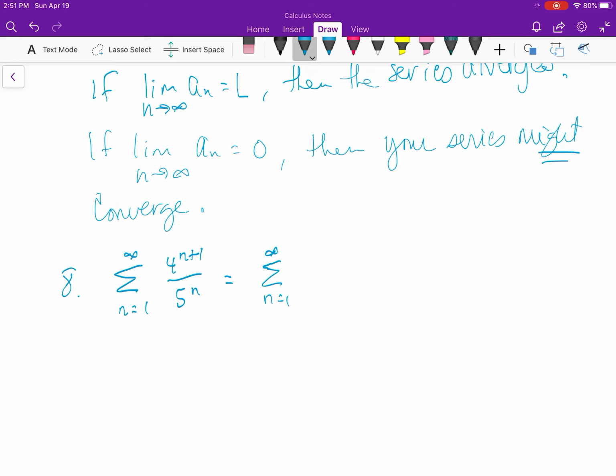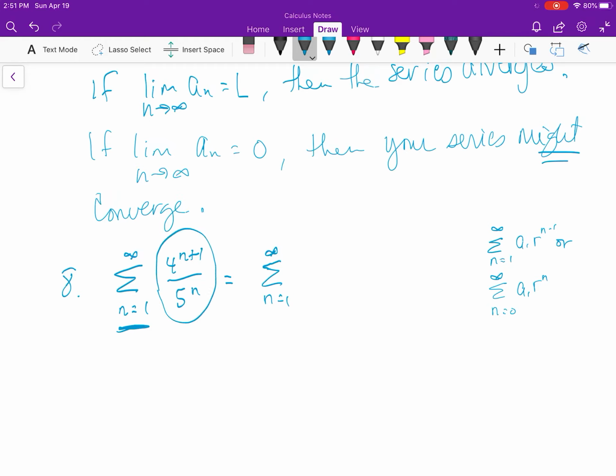By definition, a geometric series is either the summation from n equals 1 to infinity of a1 times r to the n minus 1, or the summation from n equals 0 to infinity of a1 times r to the n.